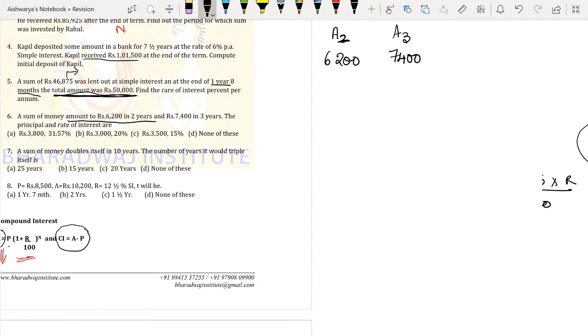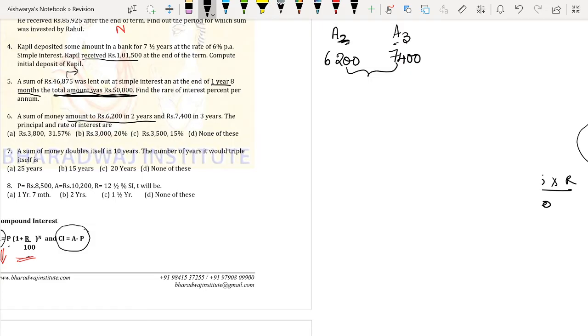Now, the essential concept of simple interest, I want you all to go back and remember what we discussed in the beginning today. What did we say? Year on year, the interest that you compute is the same. So what is the difference between the amount at the end of the second year and the amount at the end of the third year?